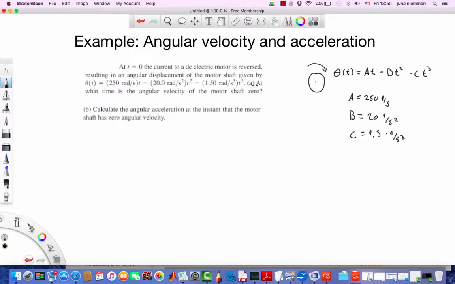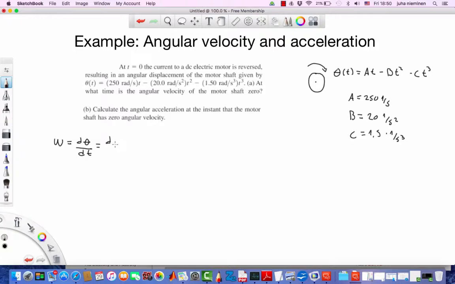And A, at what time is the angular velocity of the motor shaft 0? So we have displacement. How do we get angular velocity from there? In general, the angular velocity at any given time is the time derivative of the displacement.